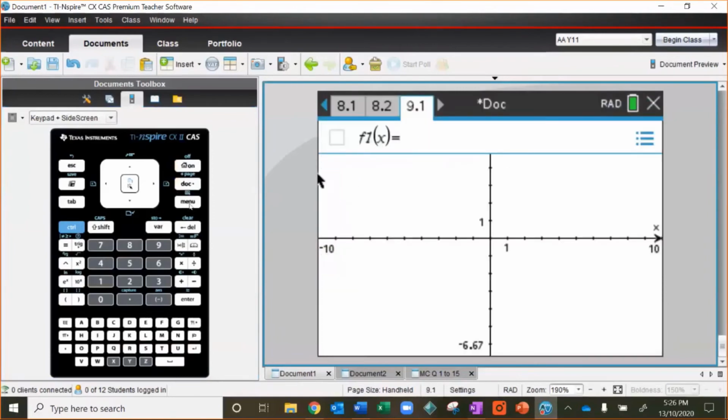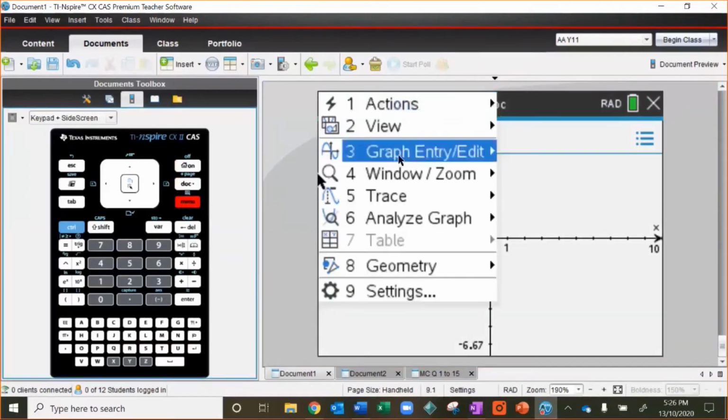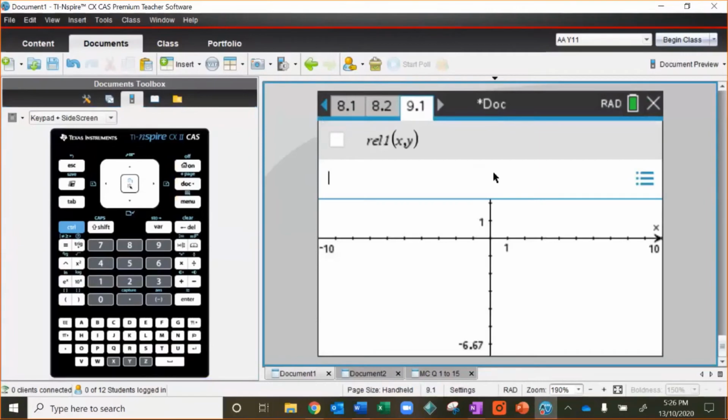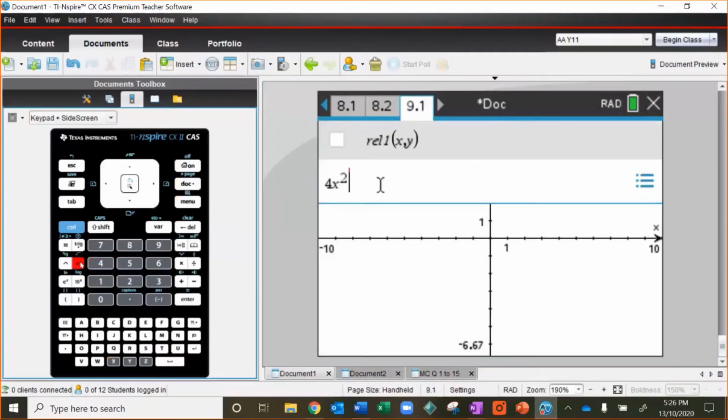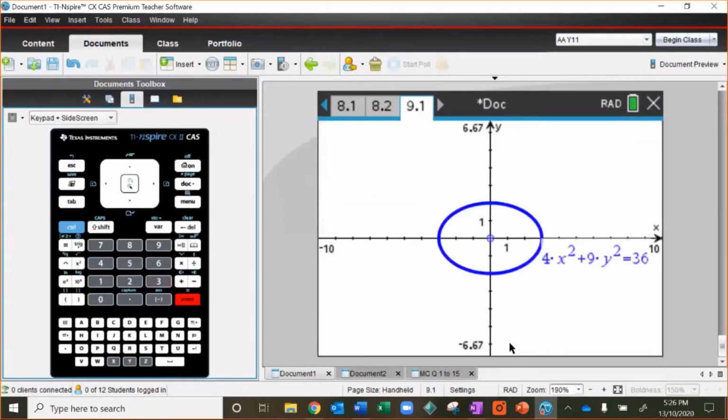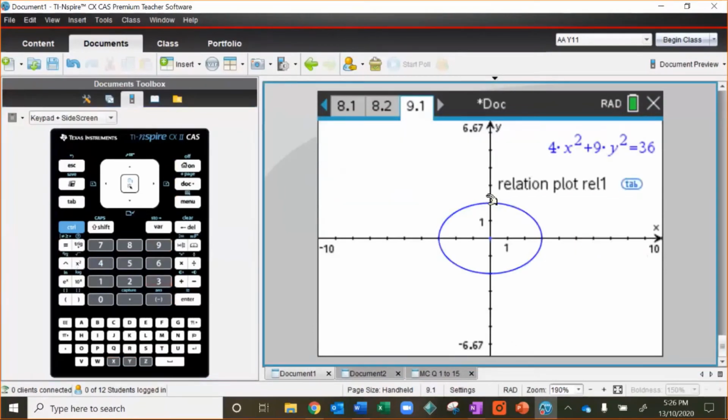Because we are given the relation, we might change graph entry to relation and enter 4x squared plus 9y squared is equal to 36. Just to give ourselves a picture, so we are saying now this bit is rotated about the y-axis to form the solid of revolution.